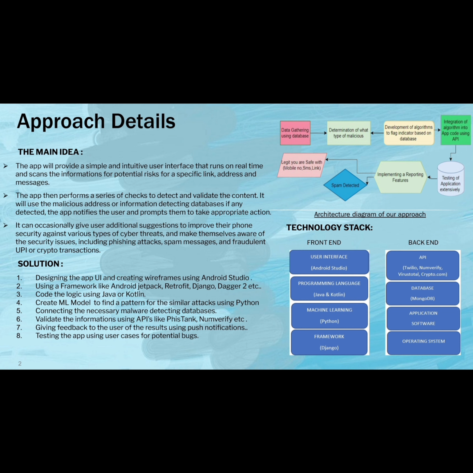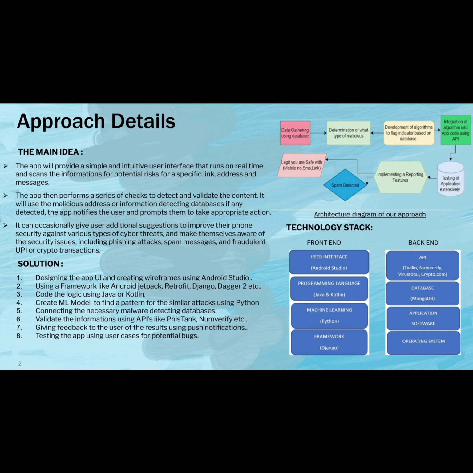Fourth is to integrate the algorithm or rules into the app's code. We may want to consider using an API or SDK for each item on the list to help with this integration. Fourth is to test the app extensively to ensure that it accurately flags malicious or fraud indicators without producing false positives.